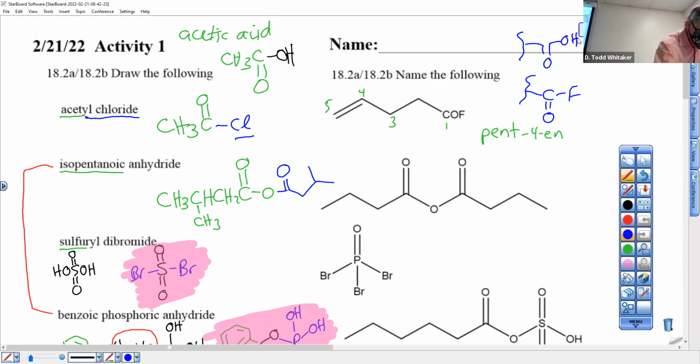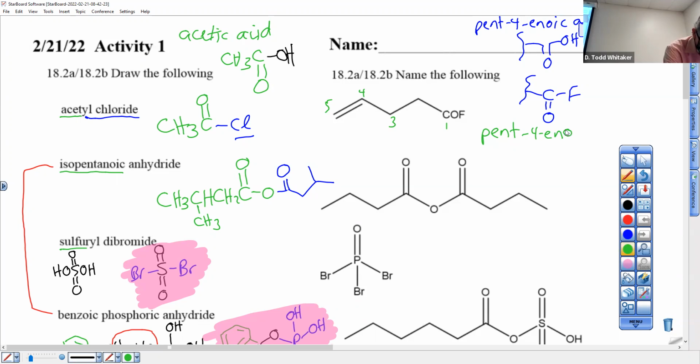What did you do to the name here? Acetic acid: you kept the acet, everything up to the ic. You keep everything up to the ic, but don't include the ic. So we're going to go pent-4-eno.